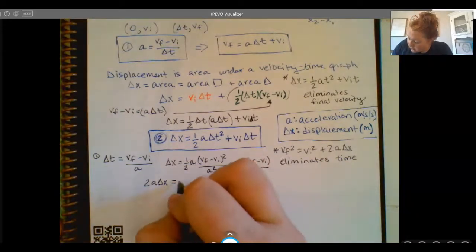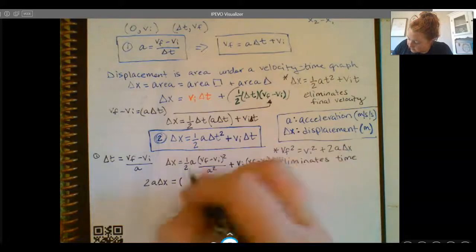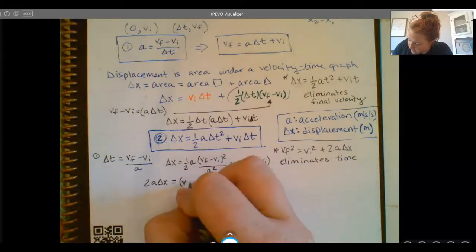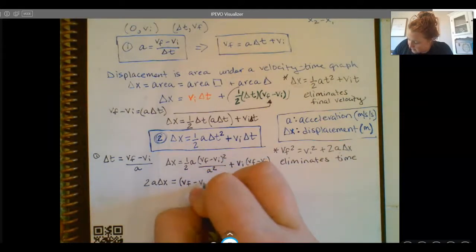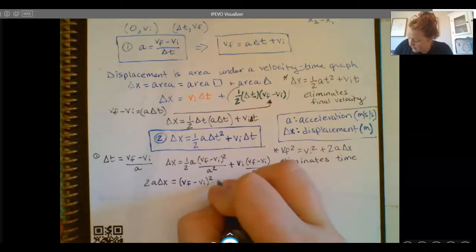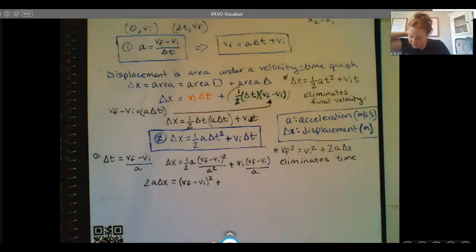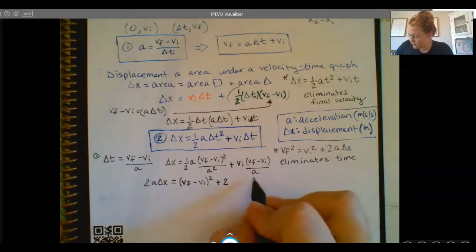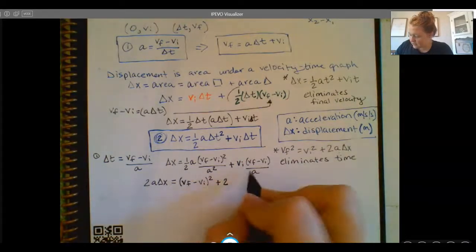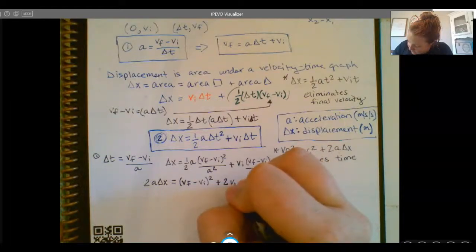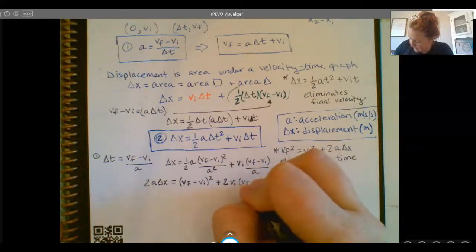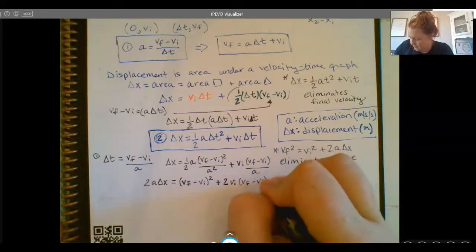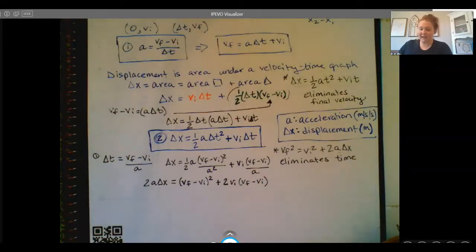So all I'm left with is VF minus VI squared plus, if I multiply this by 2a, then I am left with a 2. The a's will cancel. We'll have VI times VF minus VI. Okay, so hopefully I haven't made a mistake.